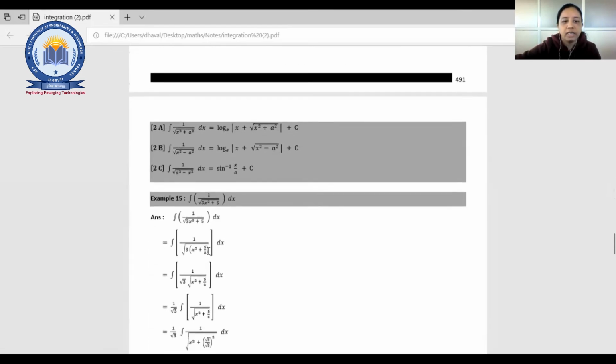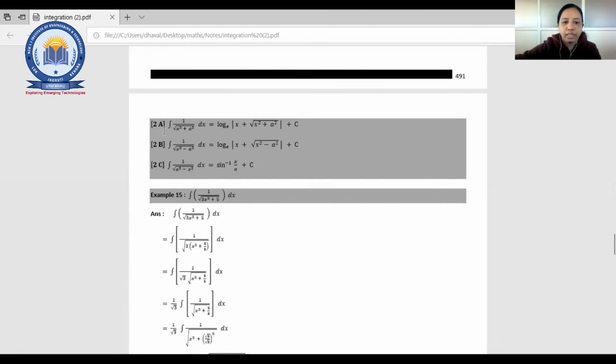Fine. Okay, the next one is integration of 1 upon under root x square plus a square. Here there is an under root, while the previous one was a simple one, and that makes a difference.